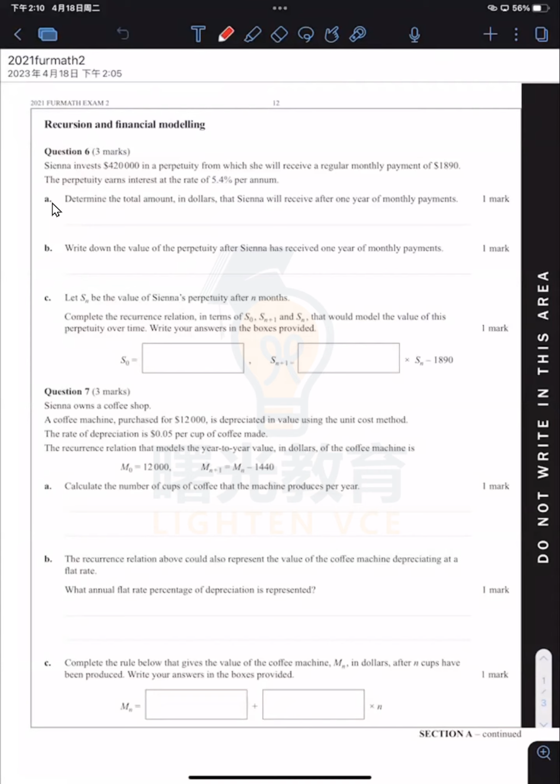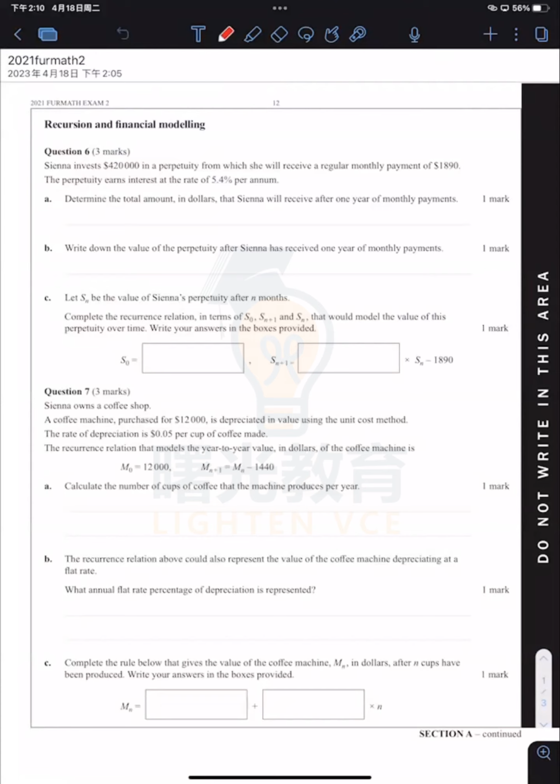In this one, we need to create the relations to work it out. How much money will we receive after 1 year? Every month we get the payment of $1,890, so we don't have to worry about the rate of interest.